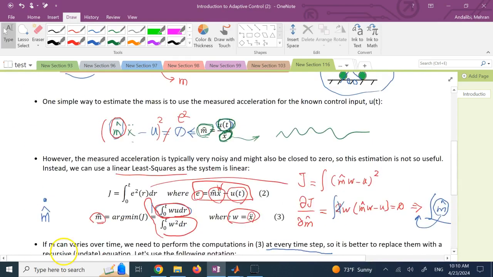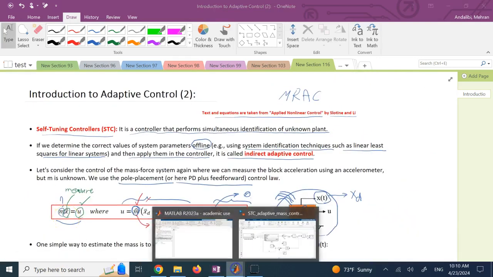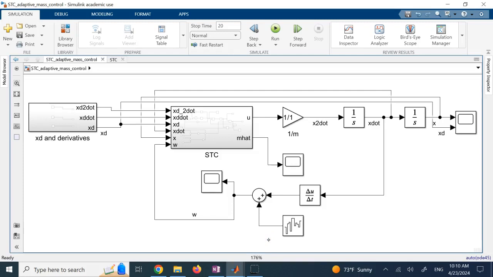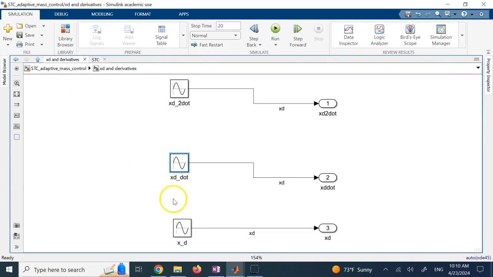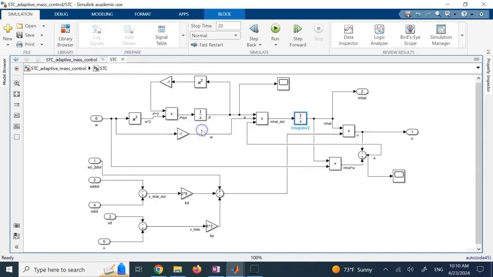And to show that it is effective and working, I made you a Simulink file using the same thing. My desired position is, again, a sine function. And I need the desired velocities and accelerations, which are cosine and negative sine. I pass them to my STC block.